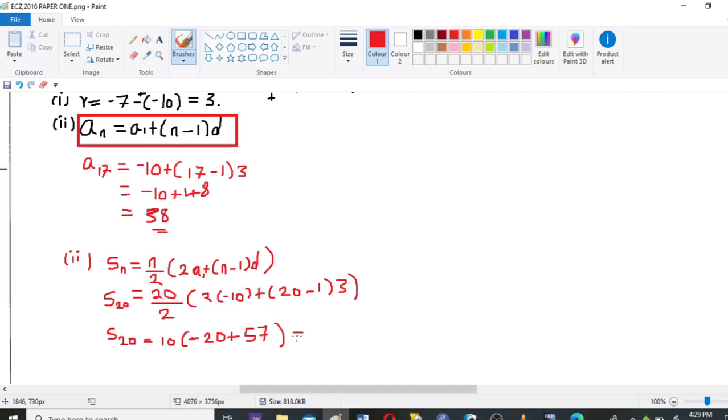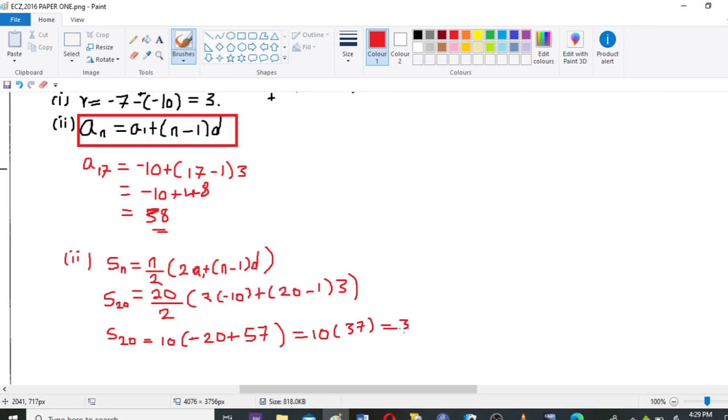Now with that 57, you are going to have 10, open bracket, negative 20 plus 57, and that will give you 37. Then 37 multiplied by 10 will give you 370.